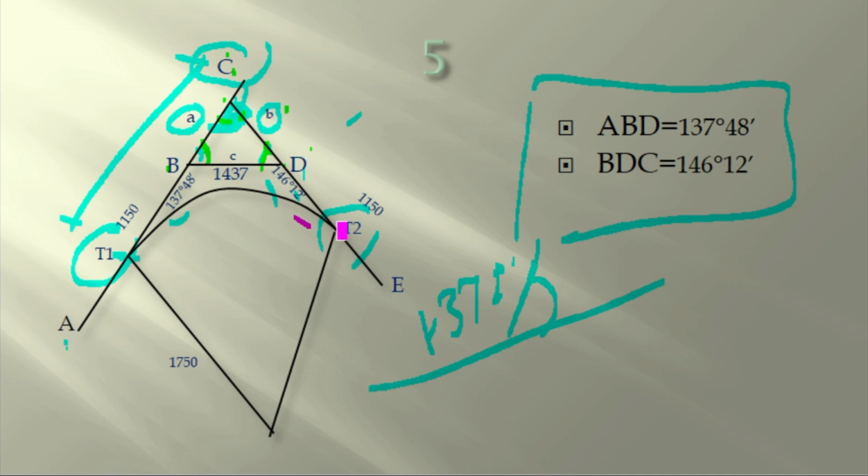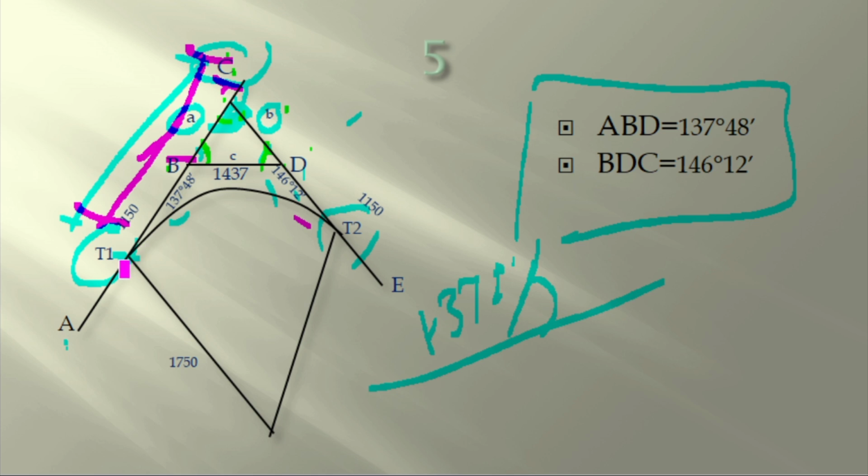So we have the tangent, here is the distance covered by the tangent, here is the distance that we have gotten now. By subtracting those two, I'll be able to get the distance covered from T1 to B.